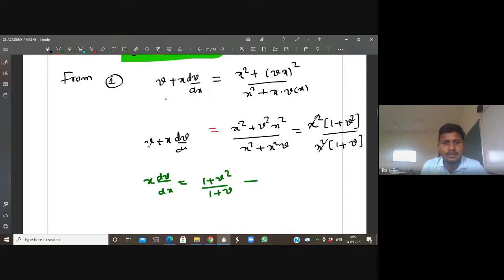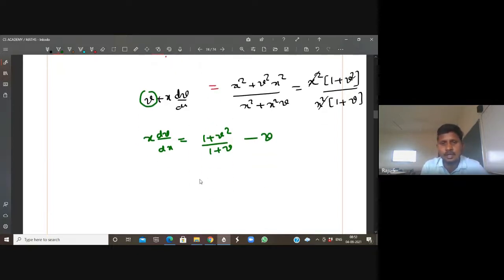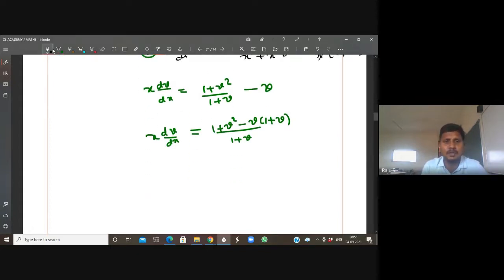Left side has plus v; when I take it to the right side, it becomes minus v. So now take LCM 1 plus v. Now 1 plus v square minus v into 1 plus v. The questions are quite lengthy but very easy. You only need to follow the procedure.